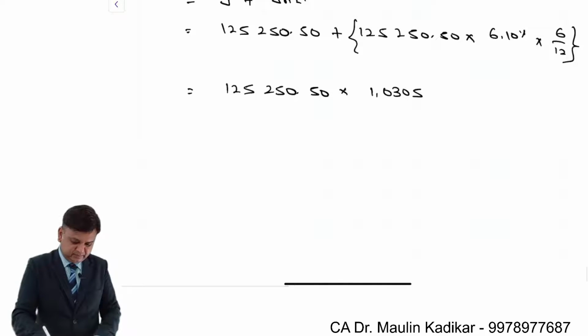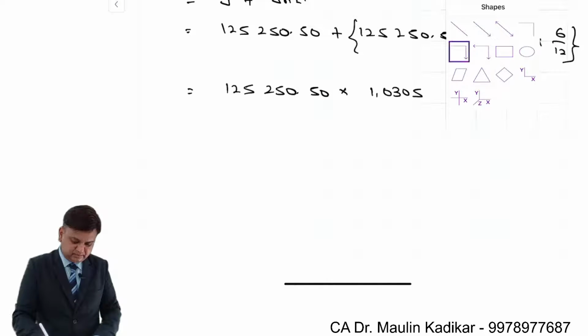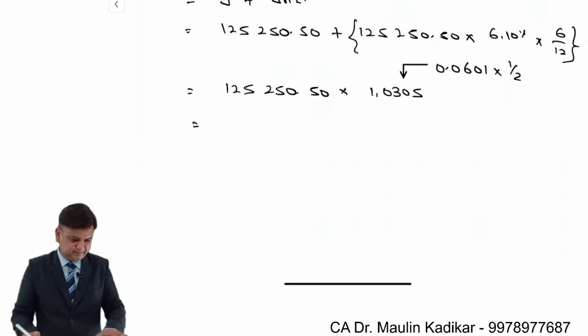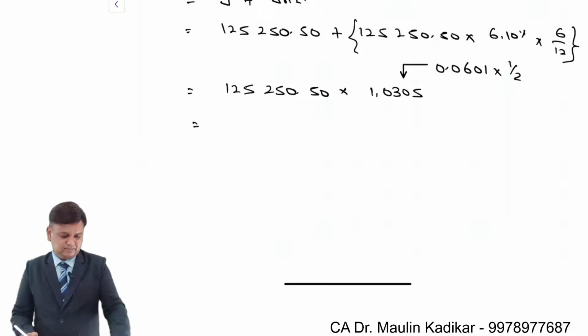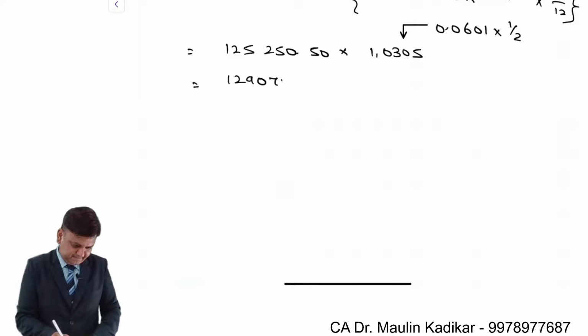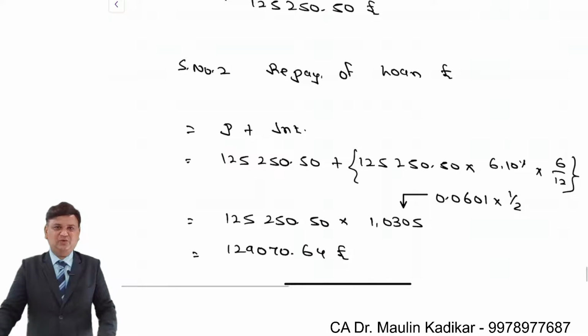Same, 1.0305, that is 1 plus 0.061 into 1 by 2. So 1,29,070.64 pound. This is the repayment of loan.